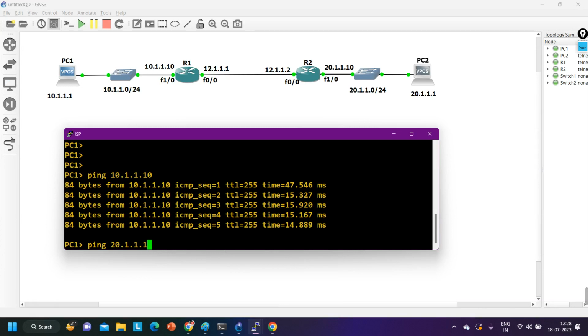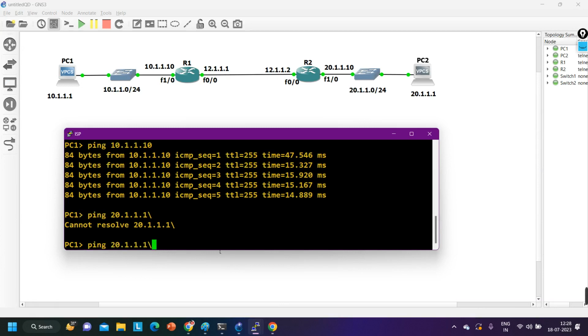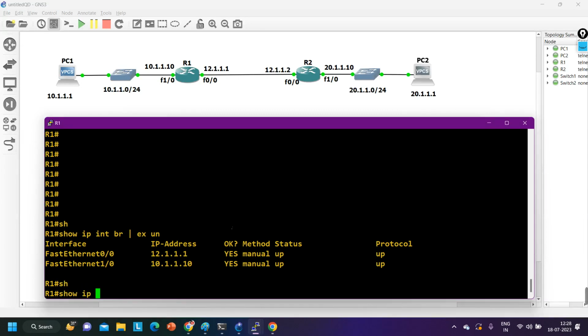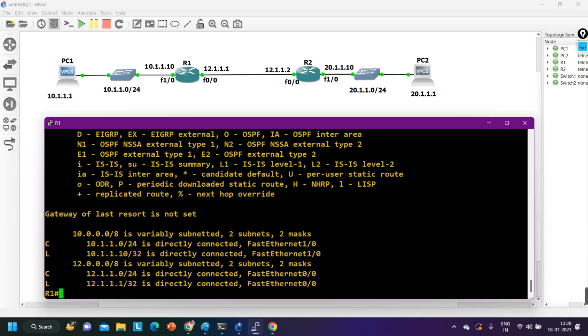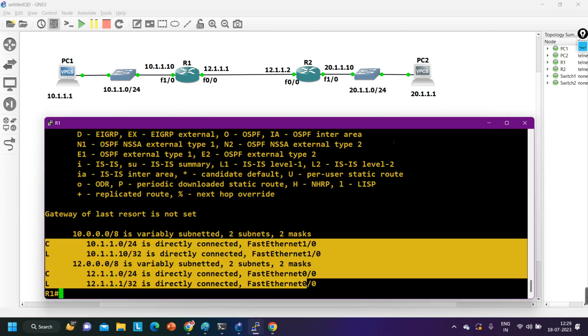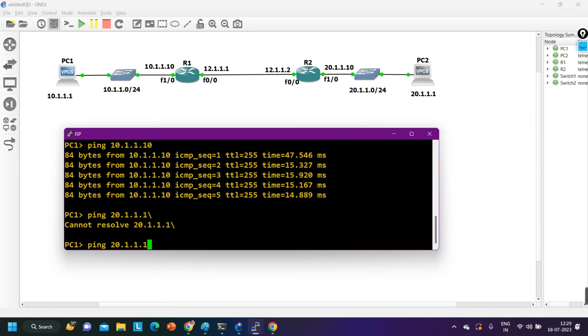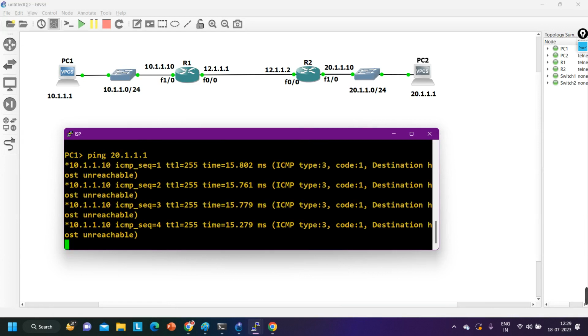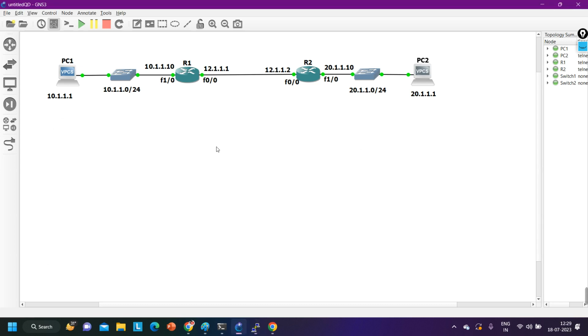No. Ping will not work because router 1 doesn't have a route for the 20 network. If you check the routing table of router 1, show IP route, you can see there are only directly connected networks. There is no information about the 20.1.1.0 network. So that's why ping will not work. Destination is unreachable.